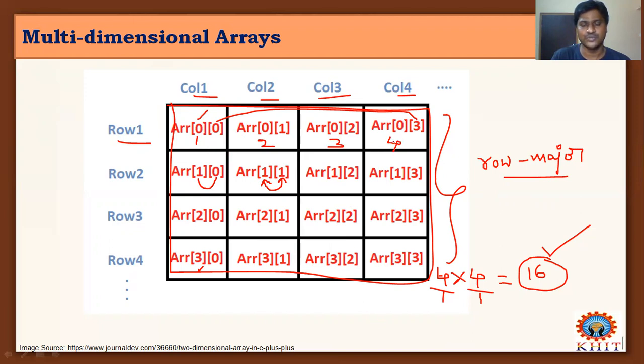After filling the row with column index 0 to 3, it comes back to the second row: fifth element, sixth, seventh, eighth, ninth, 10th, 11th, 12th, 13th, 14th, 15th, and 16th element. And these are the indexes of the particular elements being accessed.